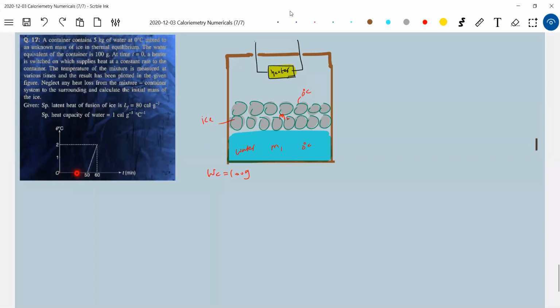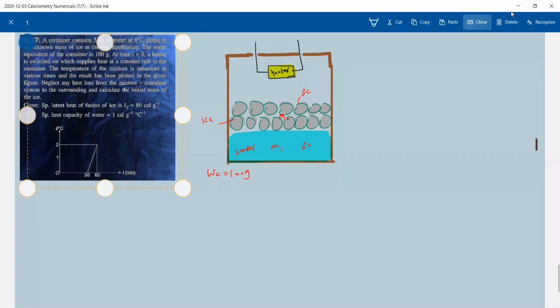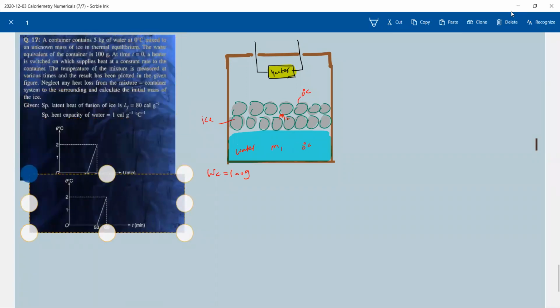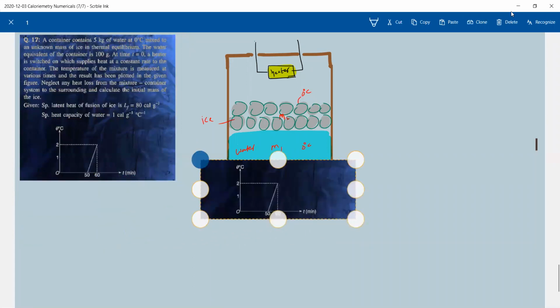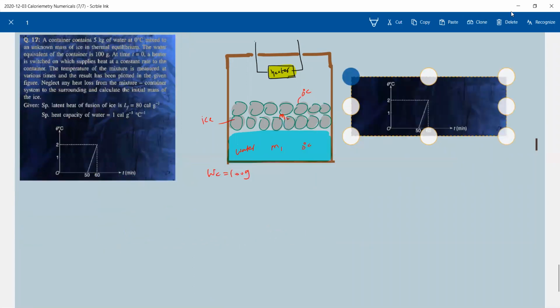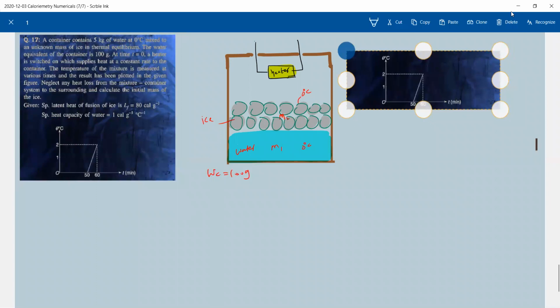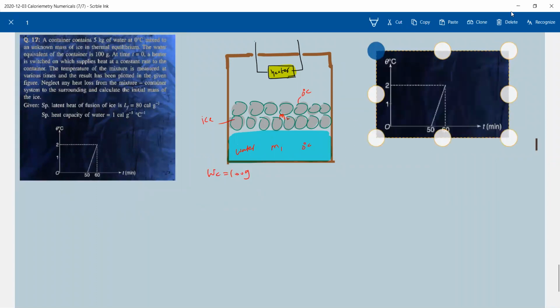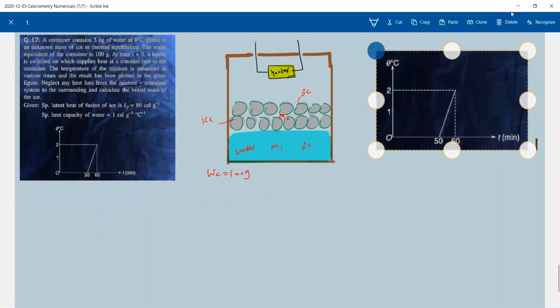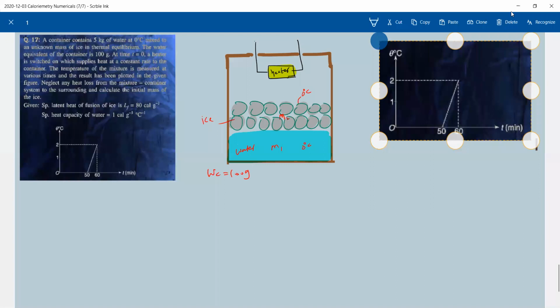So I think we should interpret this graph here. This graph is something very important for us. Let's take this graph. We'll try to put these things. So in this interval the ice melts.